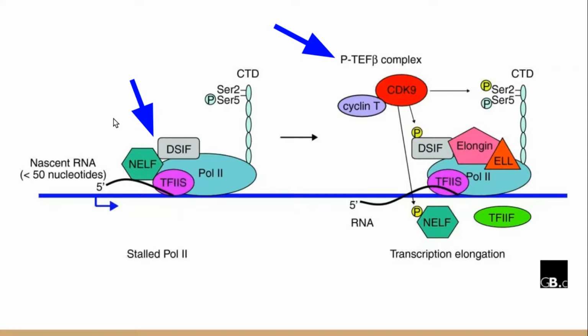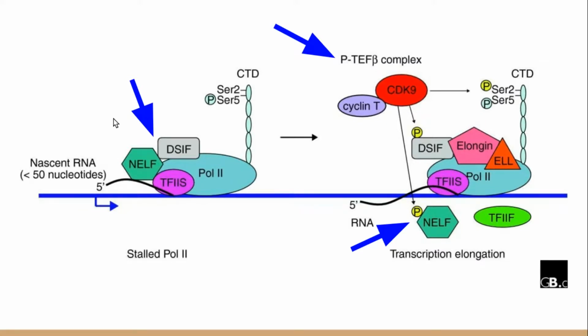PTEF-beta also phosphorylates RNA polymerase's CTD, which stands for C-terminal domain. The C-terminal domain of RNA polymerase II is commonly known as the RNA polymerase CTD tail.